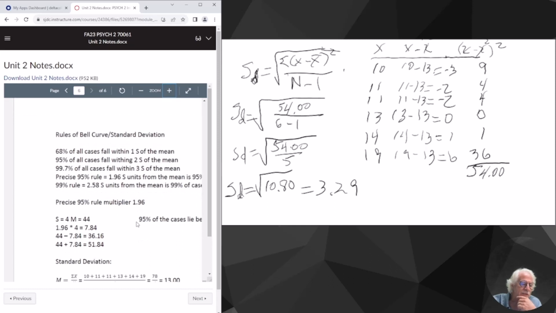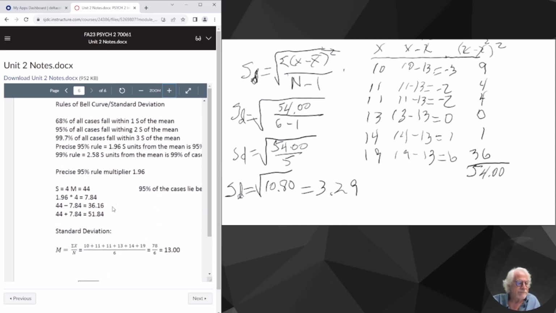So the 95% rule, 1.96, becomes my multiplier for the precise 95% rule. I'm sorry, I got a little distracted because I was trying to read ahead. So I have a standard deviation of 4 and a mean of 44. I'm trying to make this simple.